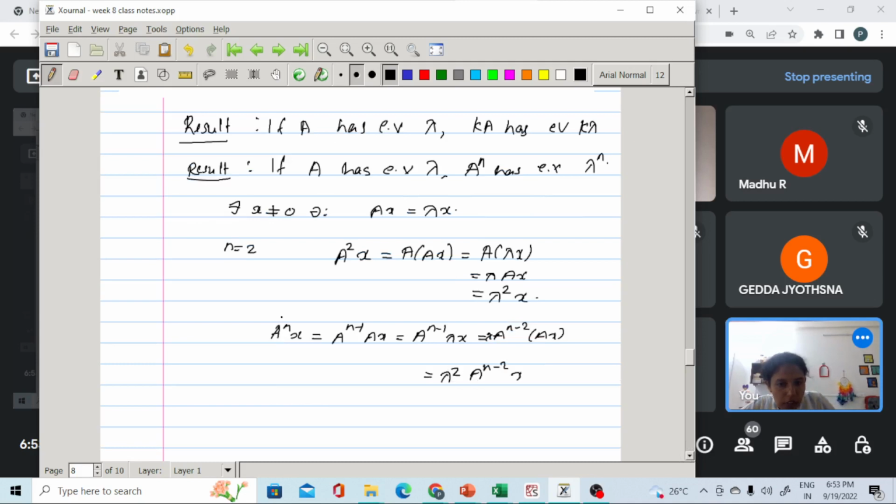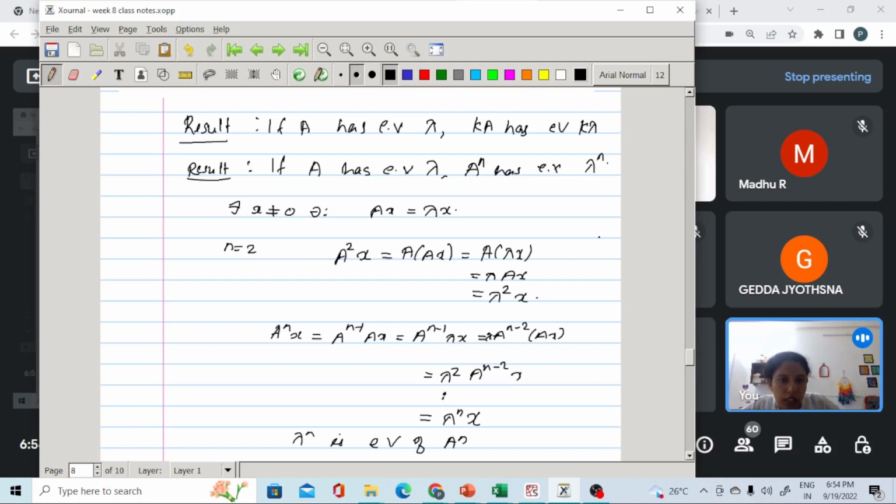Continuing in this way, we finally get lambda power n into x. So there exists a non-zero x such that A power n x equals lambda power n x. That implies lambda power n is an eigenvalue of A power n.